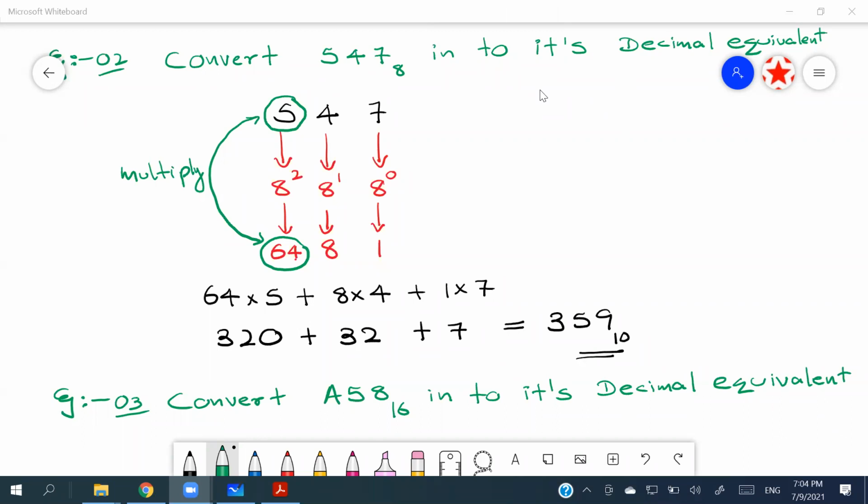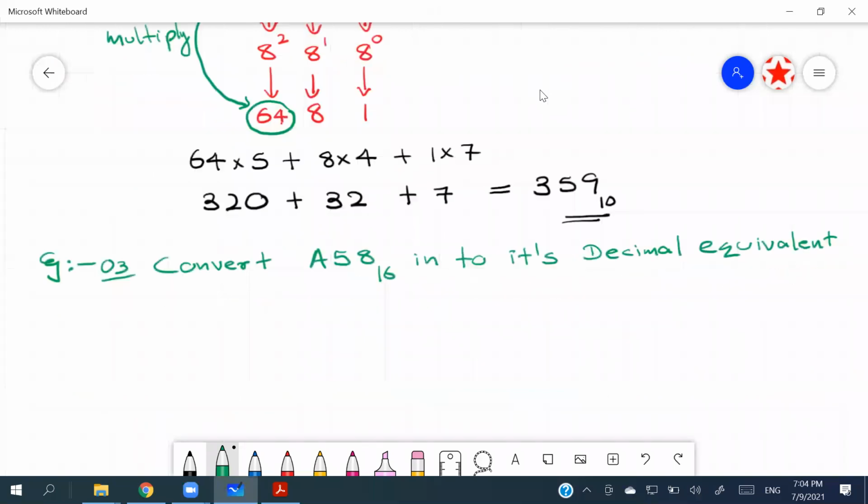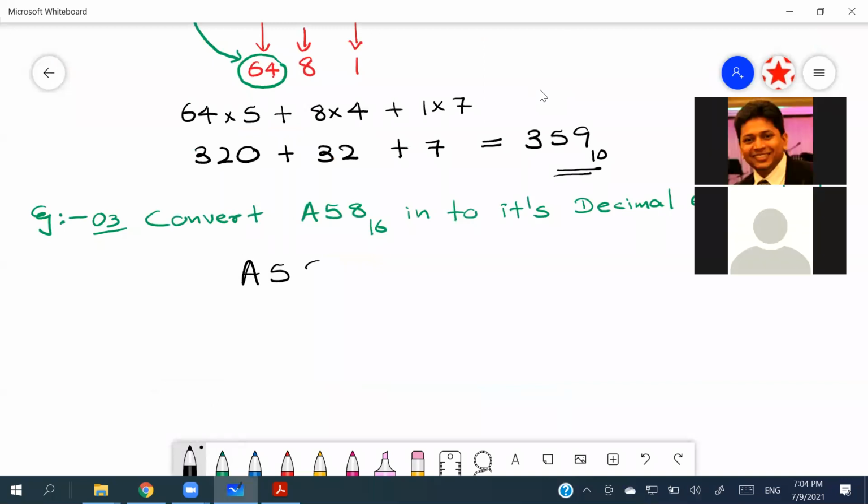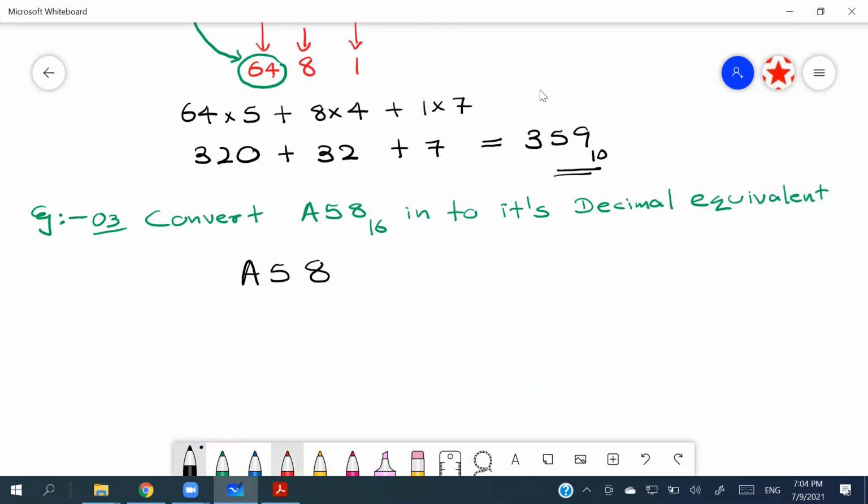All right. So let's get to work. So you know the drill, right? I think you can write it on your own, but I'll write it. Right, so it's A58 that we need to convert, right?